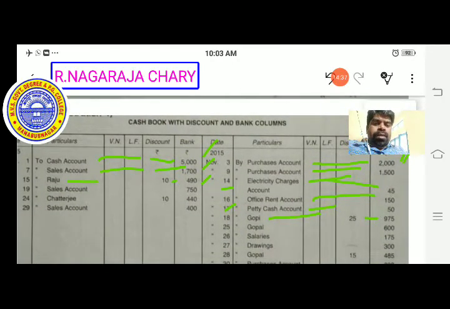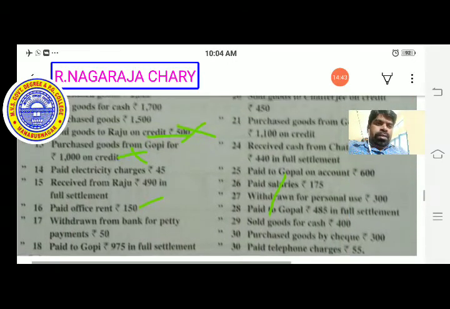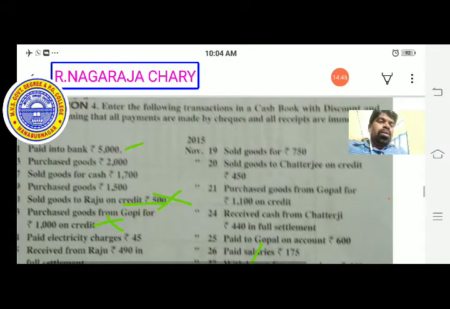So, that is why 750, you see here, this is a receipt we are writing. Next, sold goods to Chatterjee on credit. Here again we are not to record, because we have to ignore, we are selling goods to Chatterjee on credit basis.